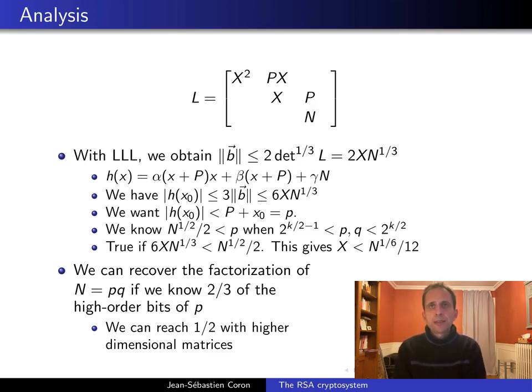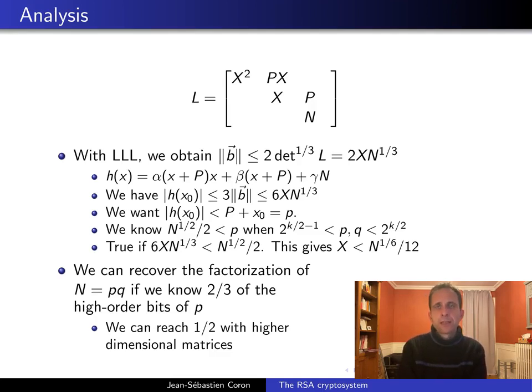And so what we want is that actually h of x0 is less than p plus x0, which is our prime factor p. And so we know if we have generated p and q such that p and q have exactly k over 2 bits, we know that p is strictly greater than the square root of n over 2.